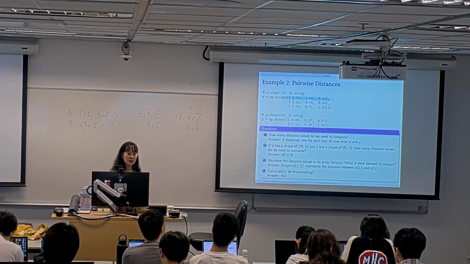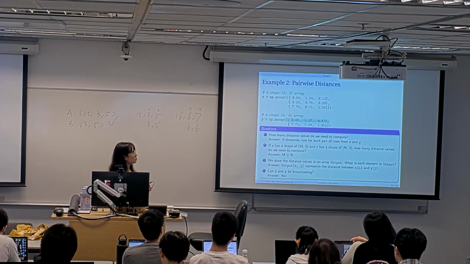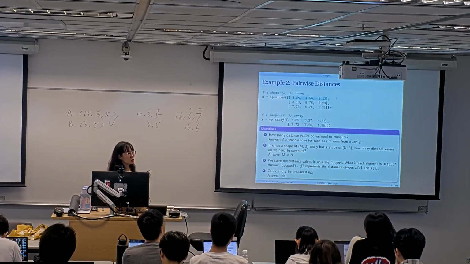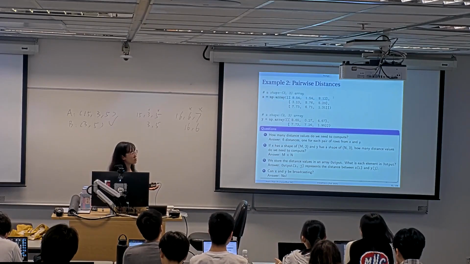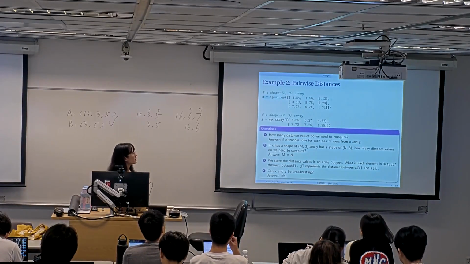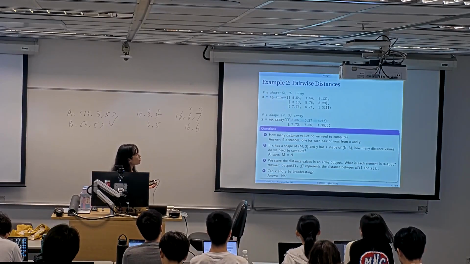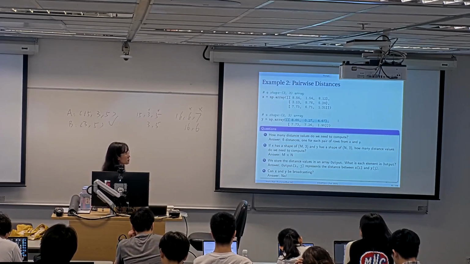The first time, it is used to subtract the first row of y. The second time, this row should also be used to subtract the second row of y. So each row of x should be used twice if we want to get the pairwise distance. And similarly, each row of y should be used 3 times, because it should be subtracted from each row of x.